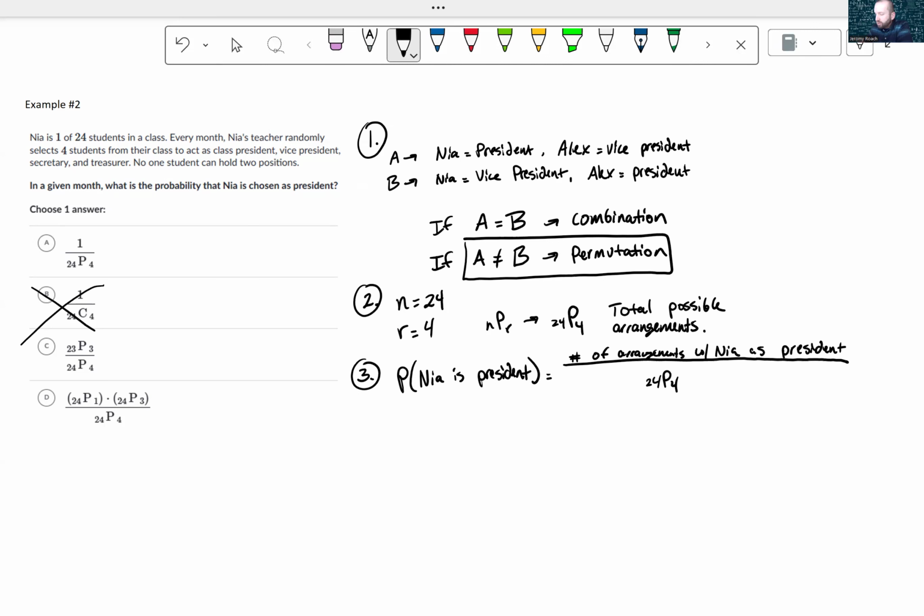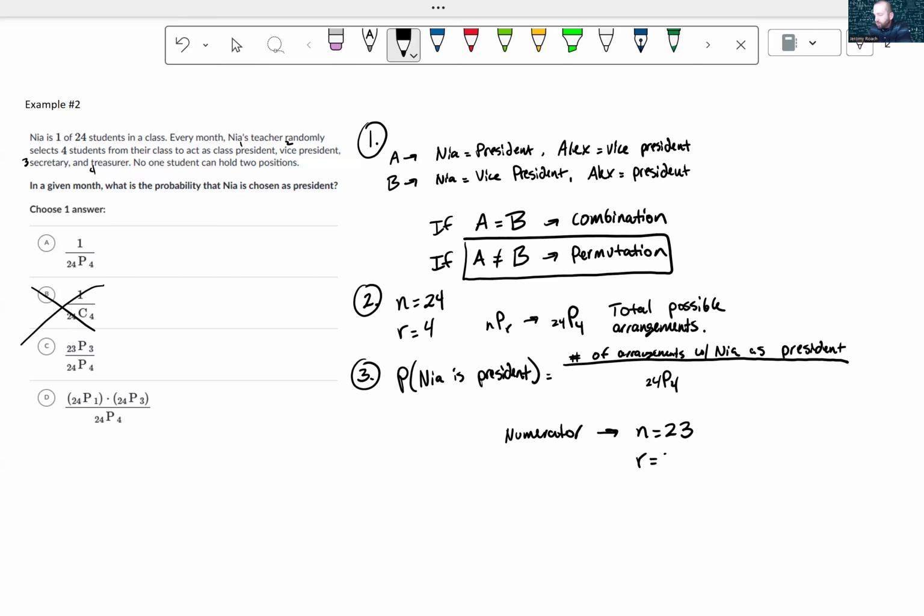For the numerator, I'm just going to write n equals 23. There were 4 roles: president, vice president, secretary, and treasurer, and we have 3 roles remaining.